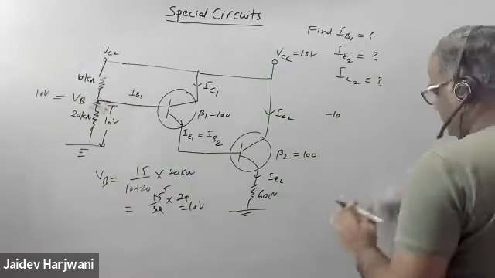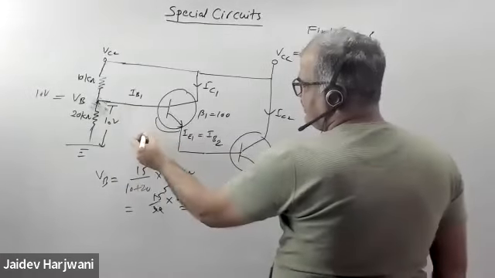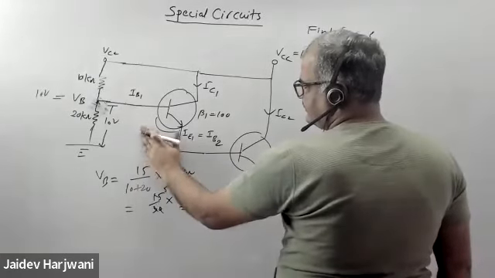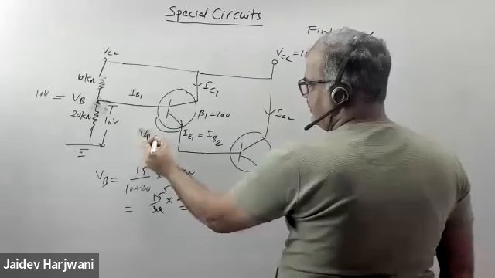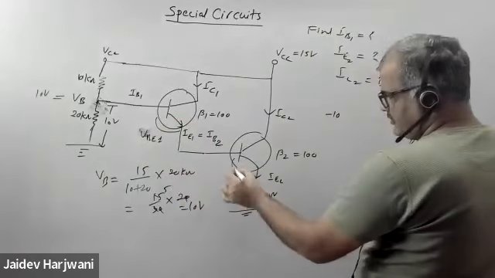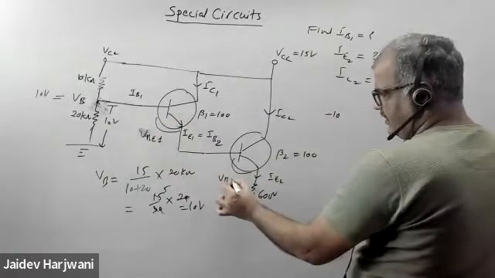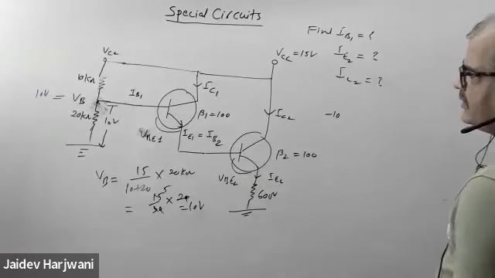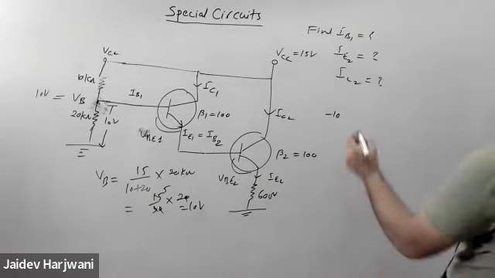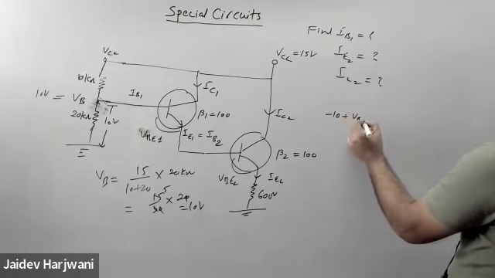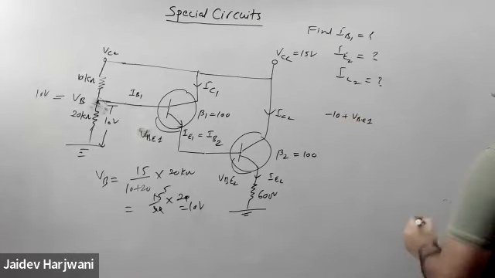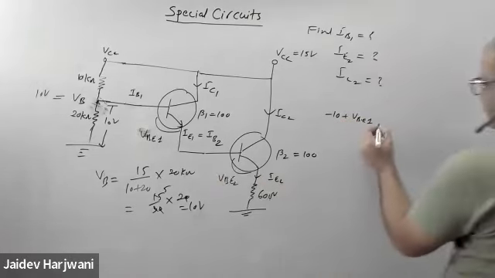Then say this is your VBE1, and this is your VBE2. So I can write minus 10 plus VBE1, and then plus VBE2.